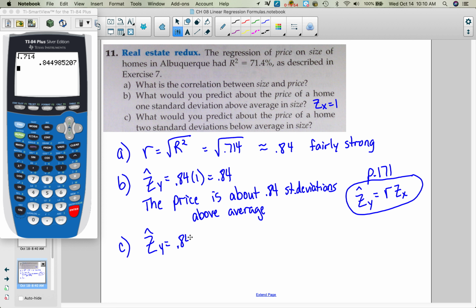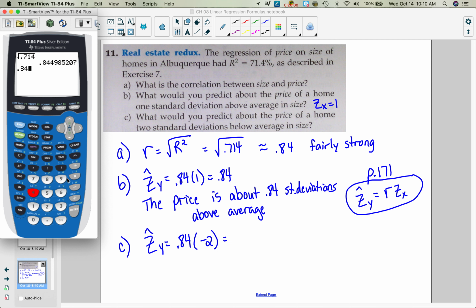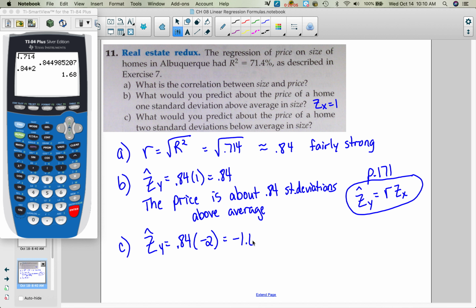R is 0.84, and now the Z would be -2 because it's 2 standard deviations. So if I take 0.84 times 2, it's going to be -1.68.